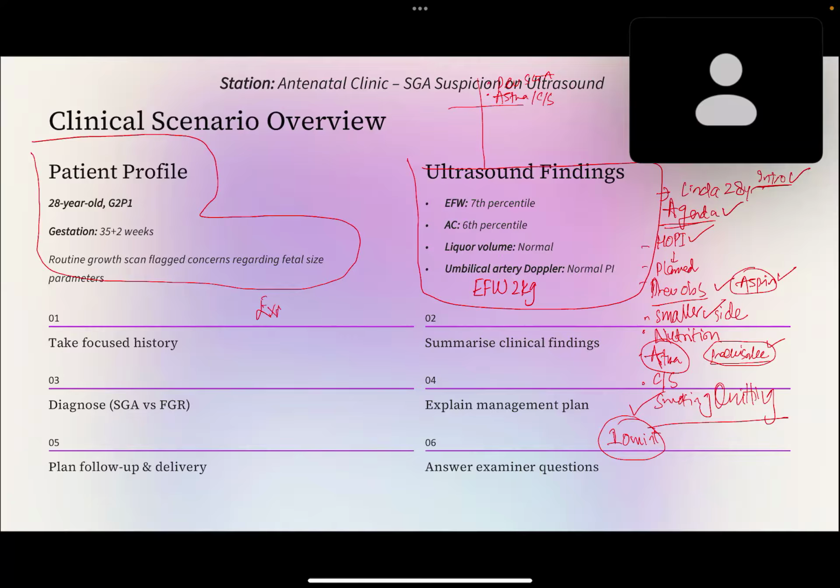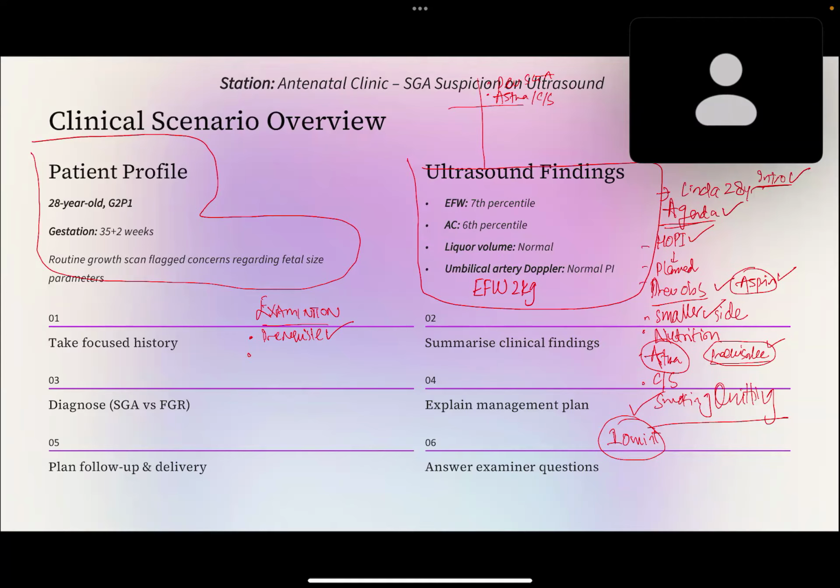I would want to look at the general contour of the abdomen and also the symphysis-fundal height, as it's a smaller baby. I would go for the fetal heart sounds.